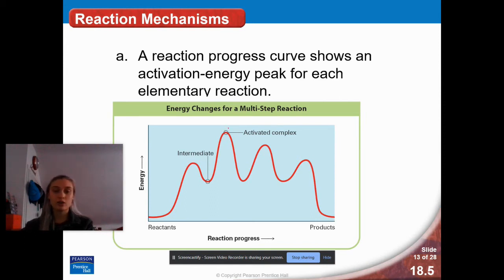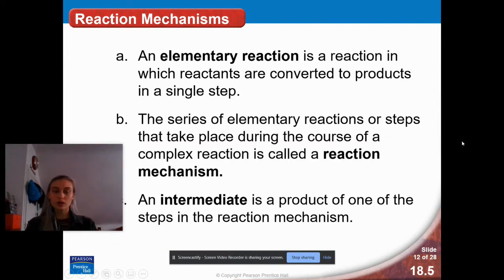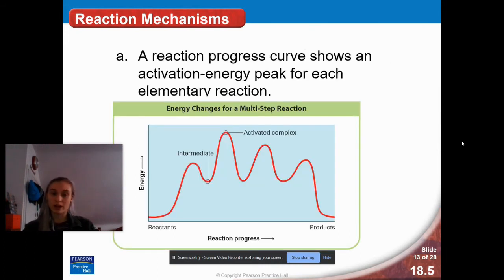And then you'd have another elementary reaction, and then another intermediate. And it keeps going until you finally have your product. And so when we have all of those elementary reactions, we have several. So in this example, we have 1, 2, 3, 4 elementary reactions.